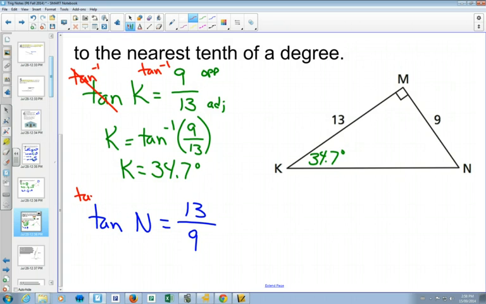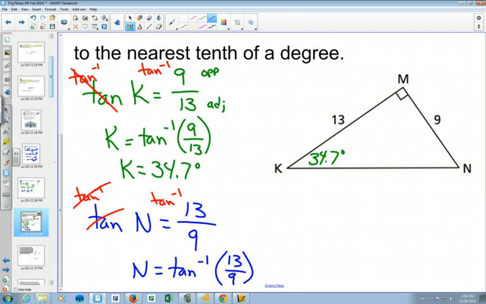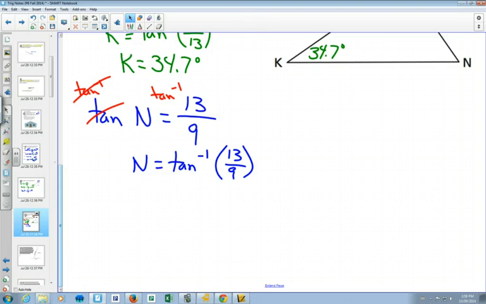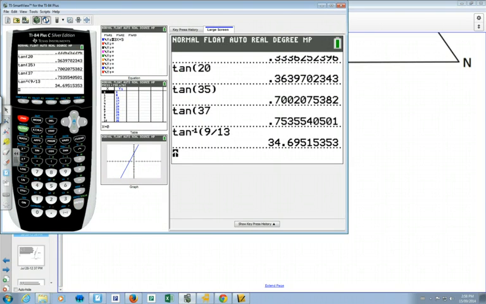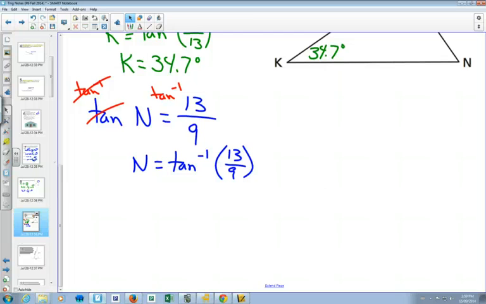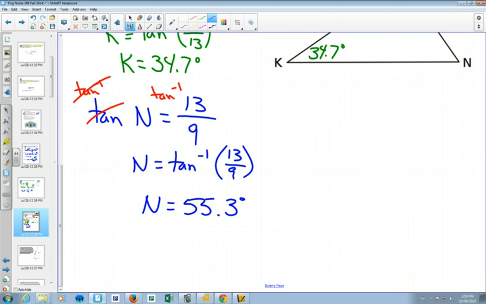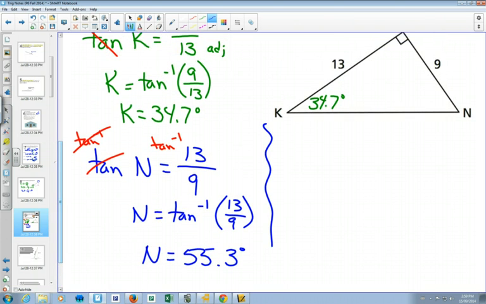If you would do tan inverse on both sides, type that into our calculator: tan inverse of 13 divided by 9 gives 55.3. That is one way that you could find angle N.